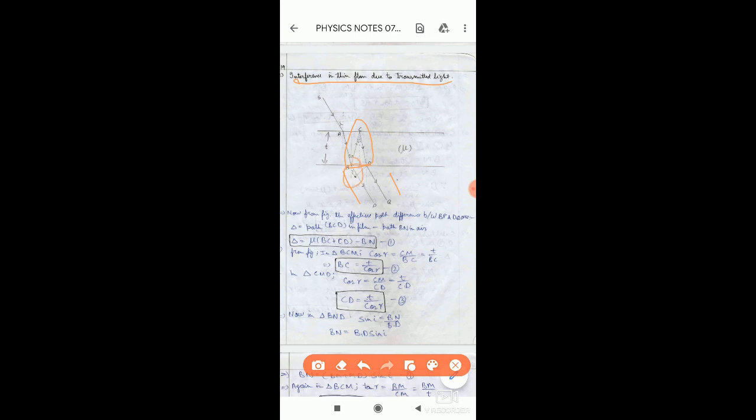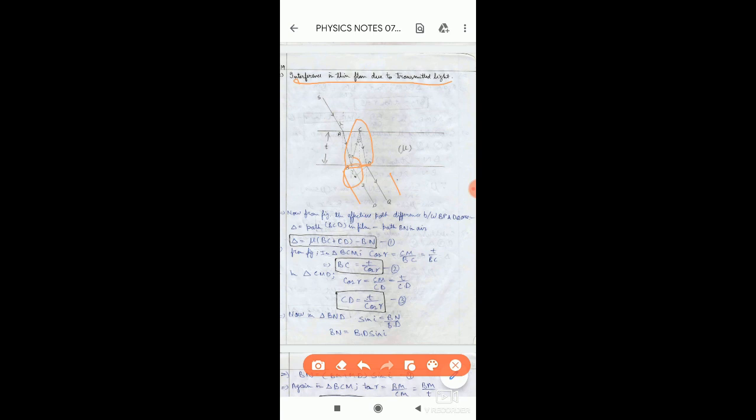Equation number 1 can be written as path difference equal to mu (BC plus CD) minus BN, as shown in the figure. From the figure we have some triangles and find the value of angle of refraction.